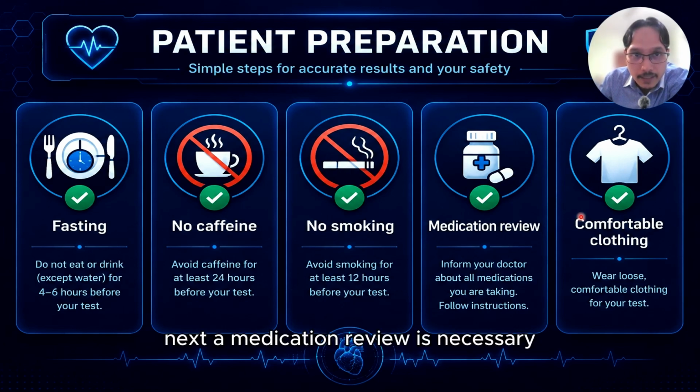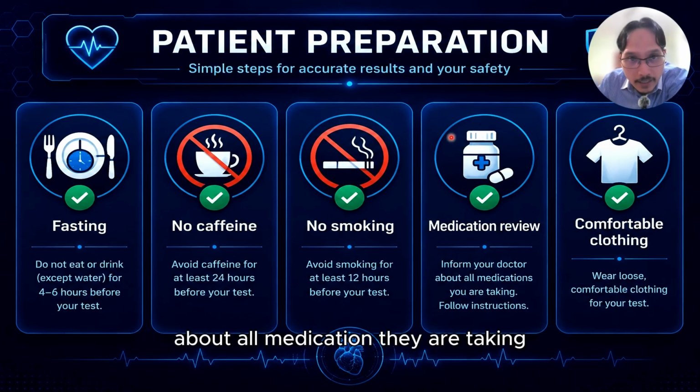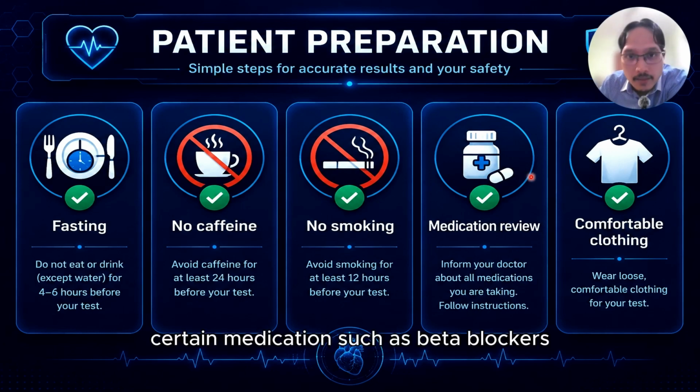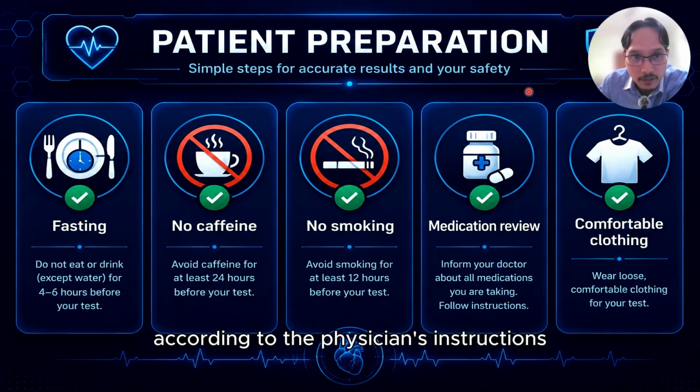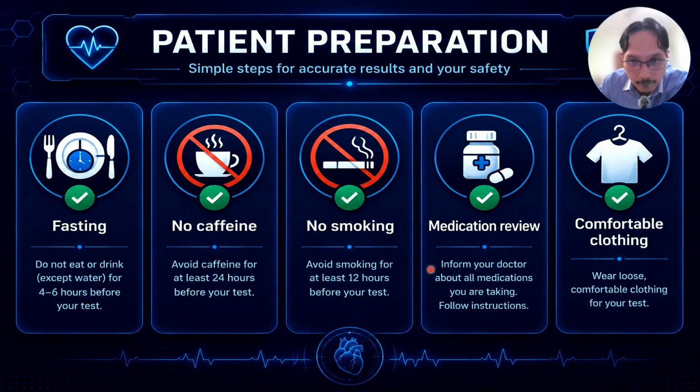Next, a medication review is necessary. Patients should inform the healthcare team about all medications they are taking. Certain medications such as beta blockers, calcium channel blockers, or nitrates may need to be temporarily withheld according to the physician's instructions.